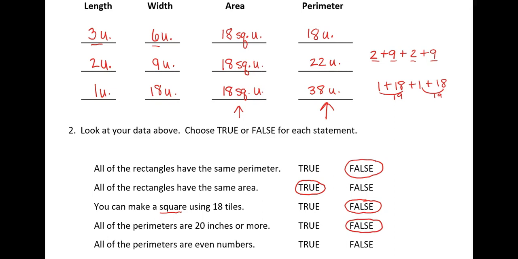And then the last statement says all of the perimeters are even numbers. We have 18 units, 22, and 38. So yes, that was true in this case. The main thing to realize here is you can have rectangles that have the same area but have different perimeters.